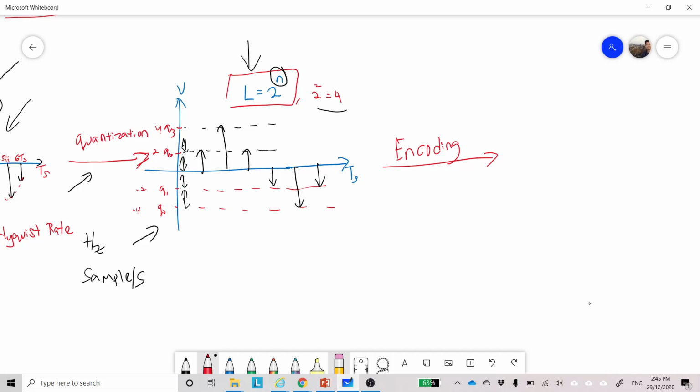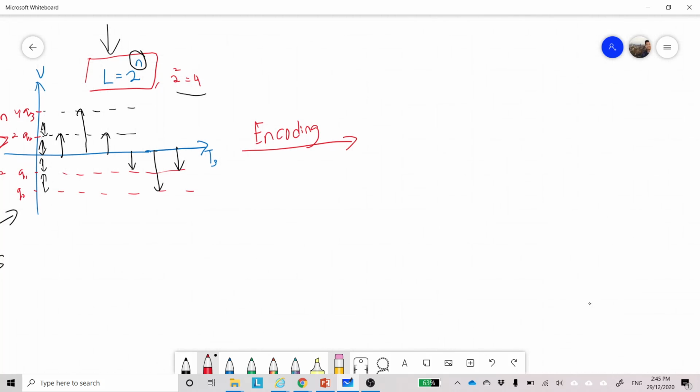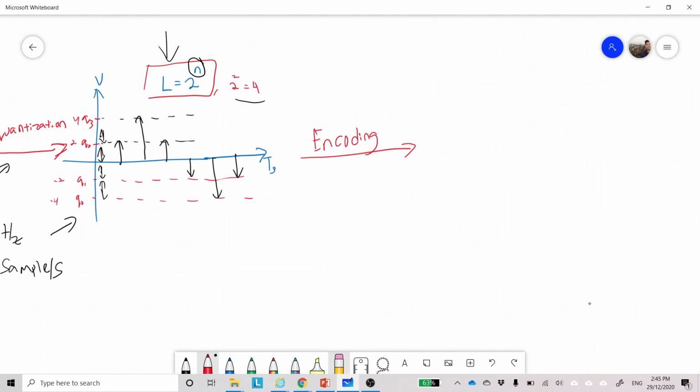Okay, so encoding process, apa yang berlaku adalah kita akan assign setiap sample value, setiap quantization level, sebab kita sample and then kita rounded up to the nearest quantized level, so we will assign a specific code word for each quantized level.